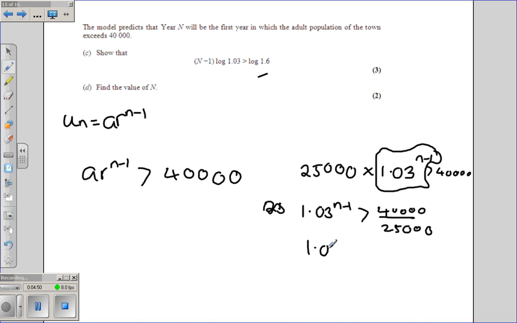So 1.03 to the n minus 1 is greater than whatever that is. 40,000 divided by 25,000 is 1.6, which is nice and pleasant. Remember, I'm not trying to solve it just yet. I'm just trying to get to this part. Now we bring in the logs because we've got this bit by itself. And when we do logs, log both sides, we'll get this.